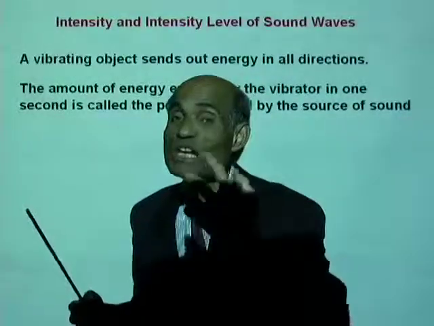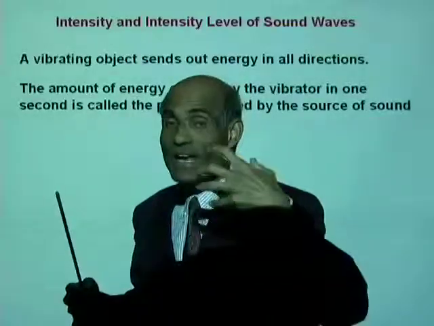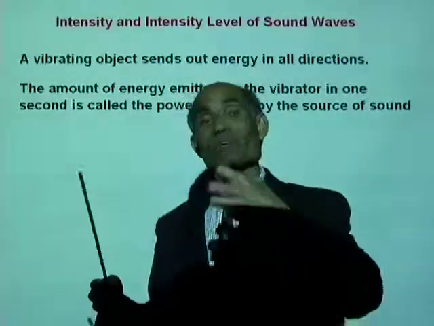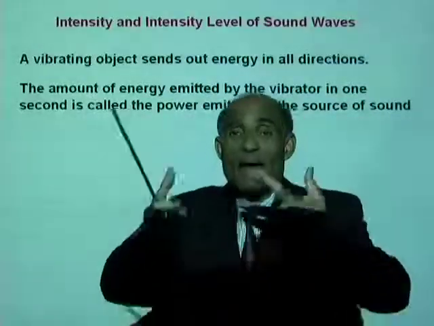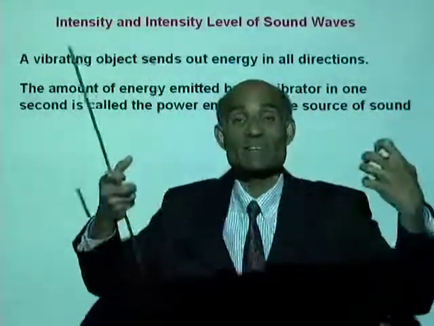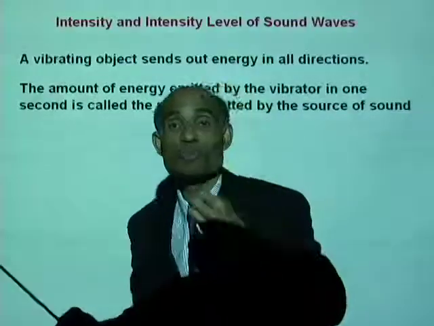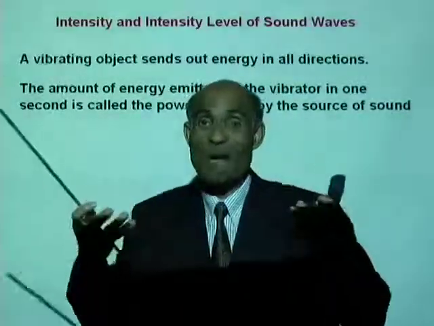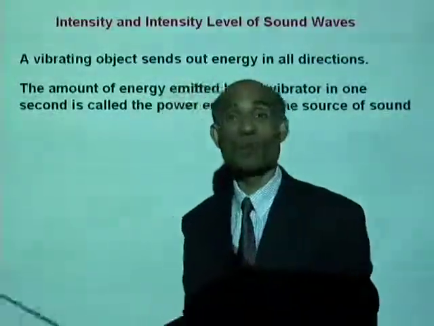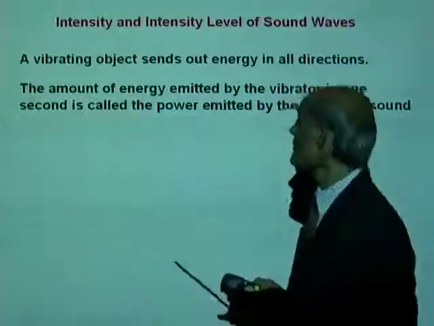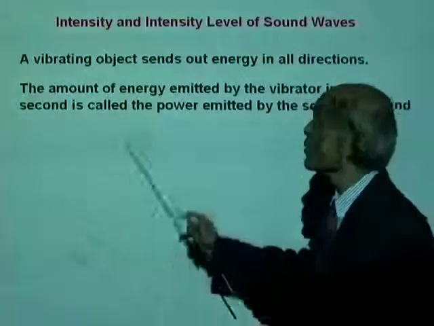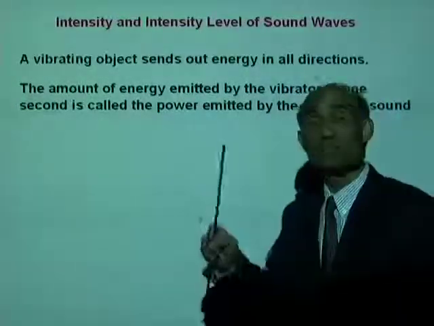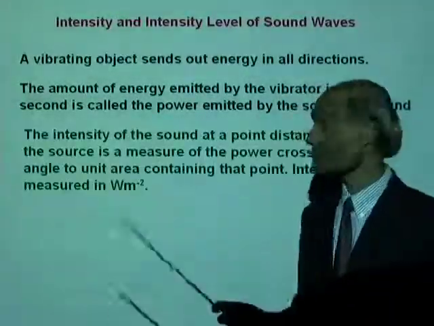A watt is joules per second, energy given out per second. In other words, the energy given out by that loudspeaker every second is 300 joules. That loudspeaker has a power of 300 watt. So the amount of energy emitted by the vibrator in 1 second is called the power emitted by that vibrator.